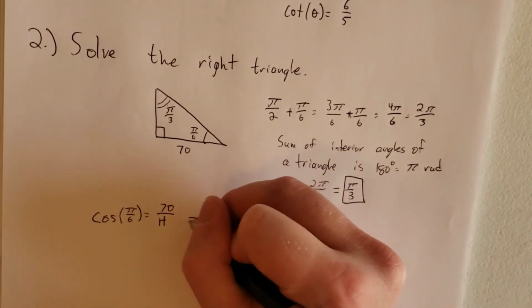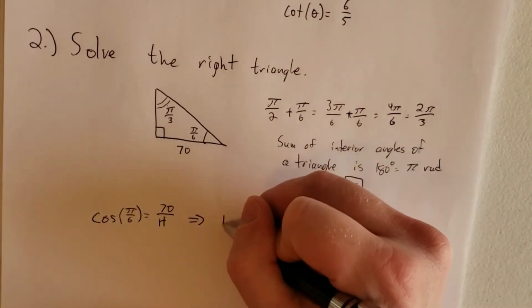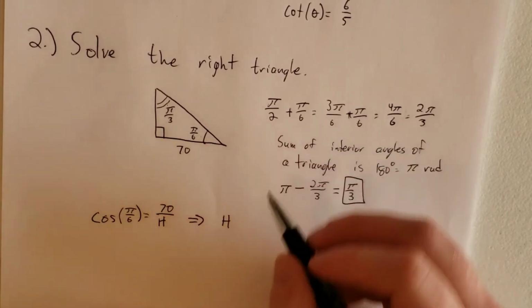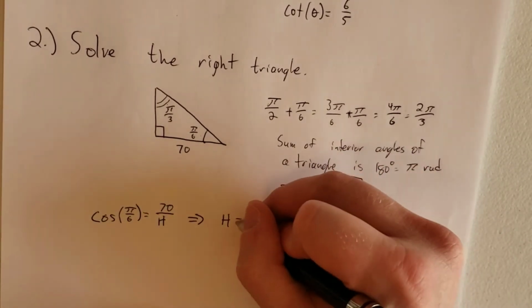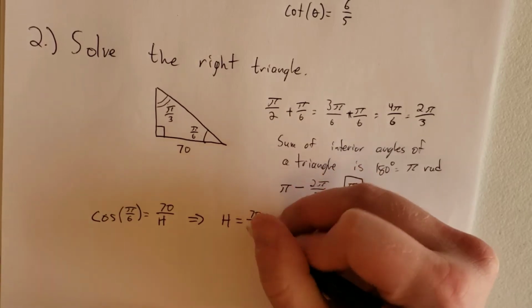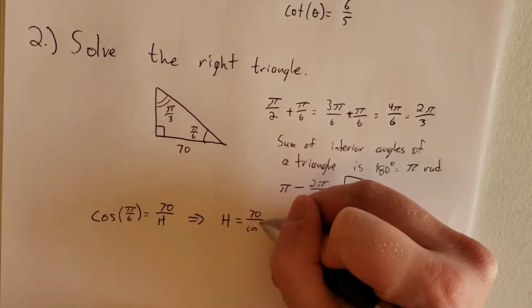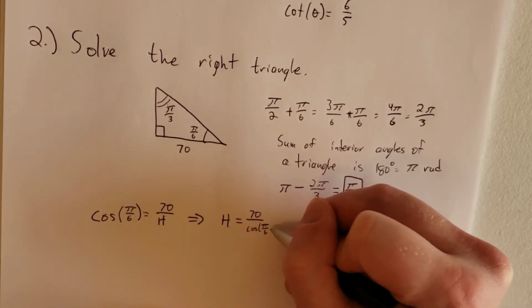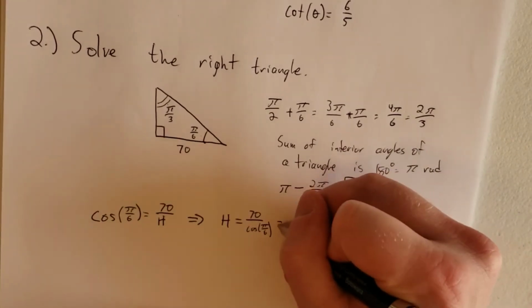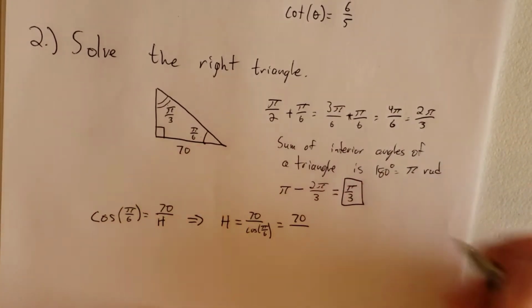If I solve for h here, we multiply by h on both sides, and then divide by cosine of pi over 6. So we get h is equal to 70 divided by cosine of pi over 6.